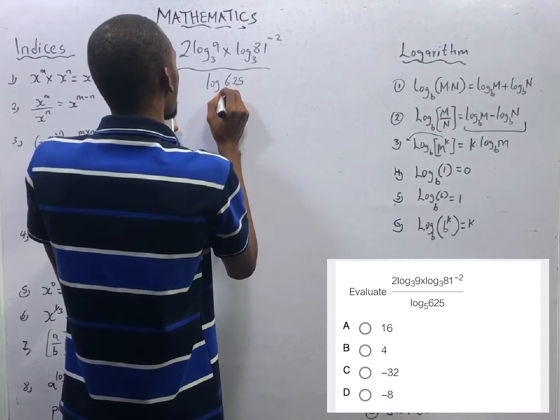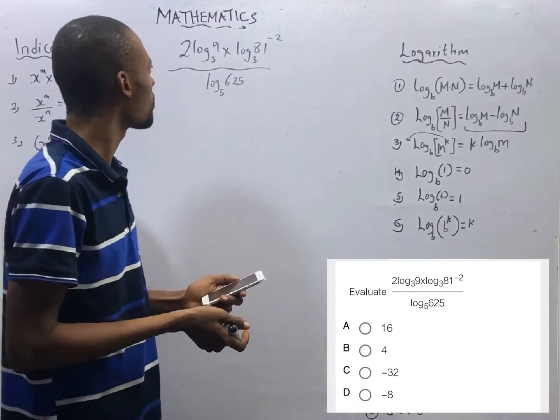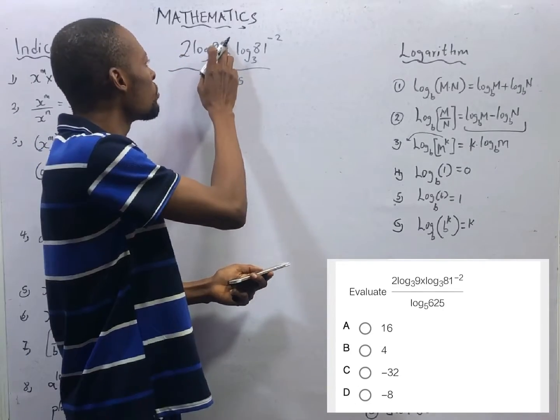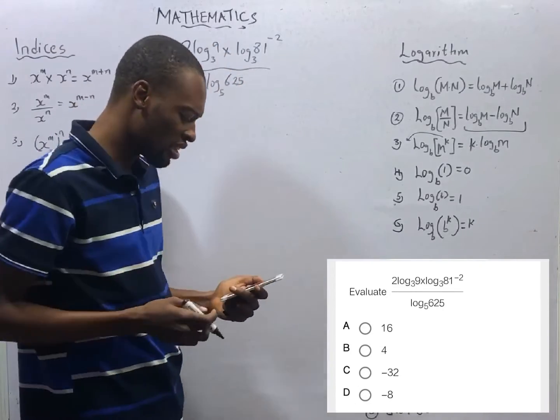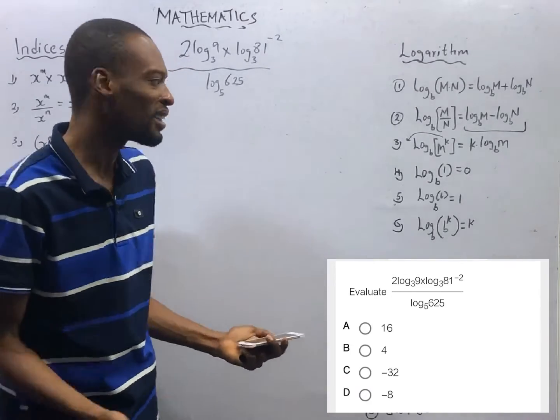From here, we know that if we are able to make the number and the base the same, life can get very, very easy for us. What do I mean by that?